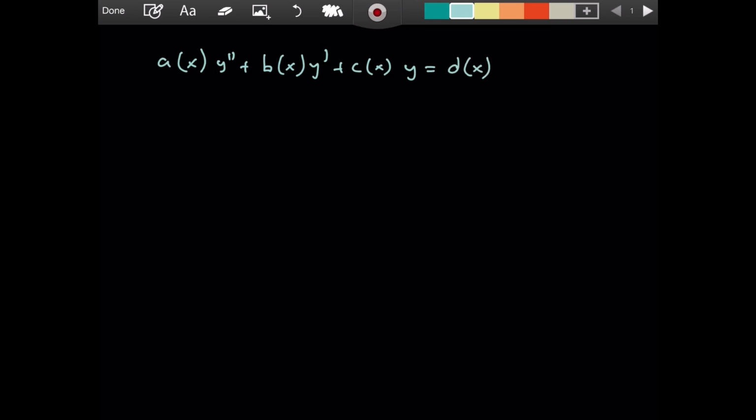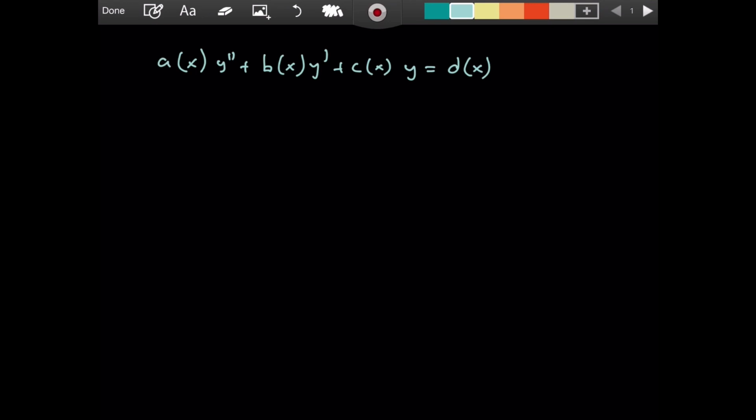This is the general formula for a second order differential equation, right? Because you have the second derivative of y as the highest order of the derivative. So this is a second order differential equation.